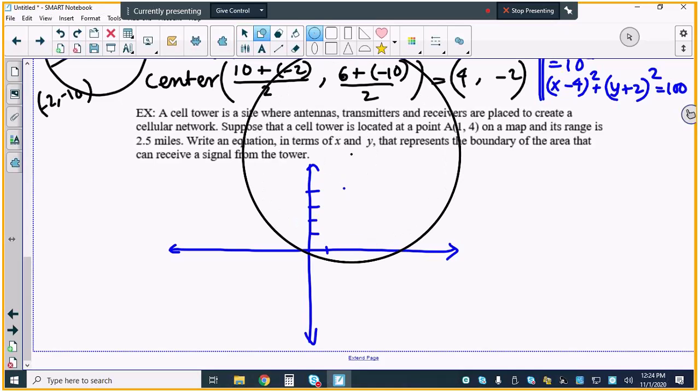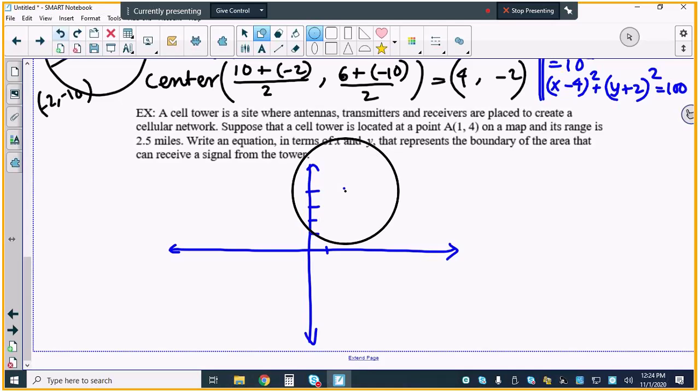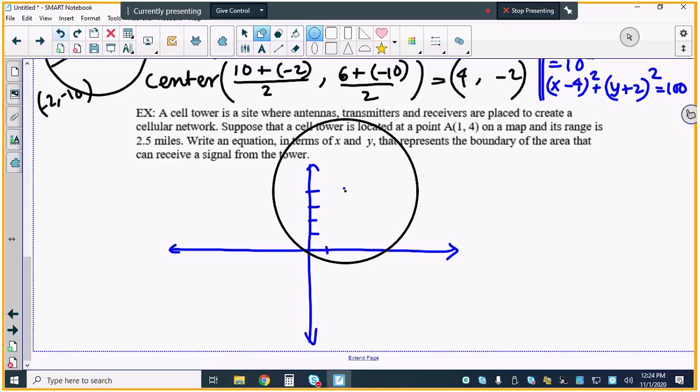So something like that, where I know that the radius is given by 2.5 miles.